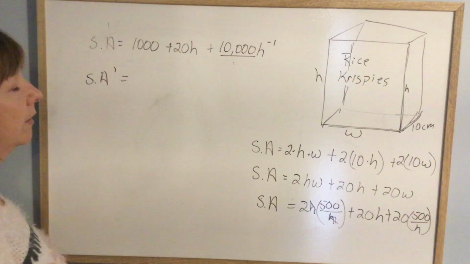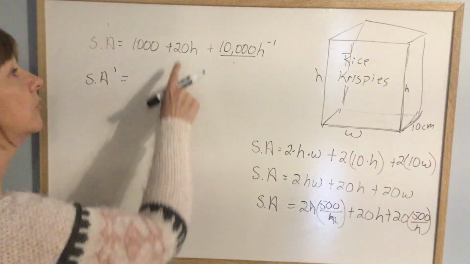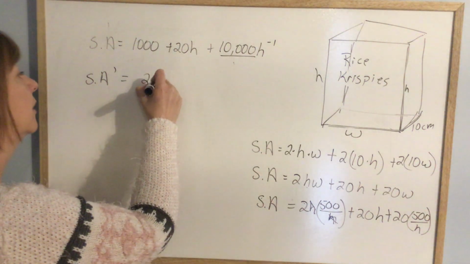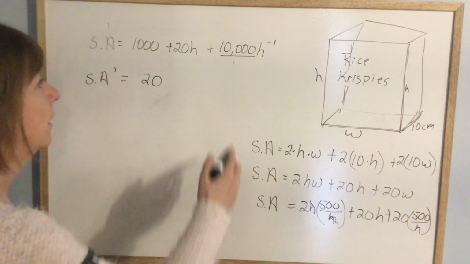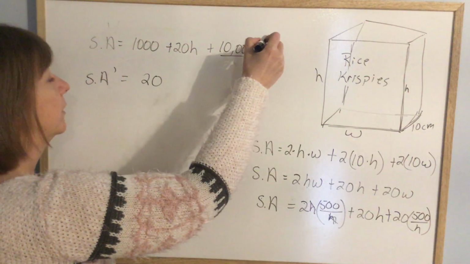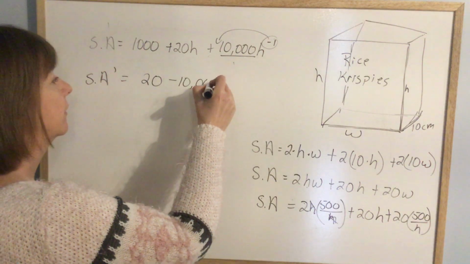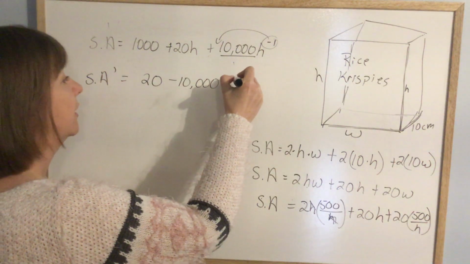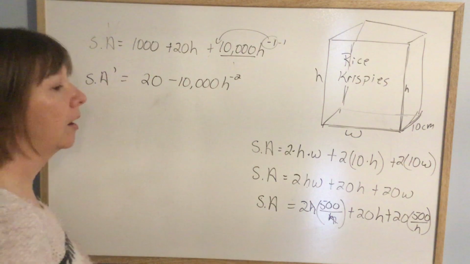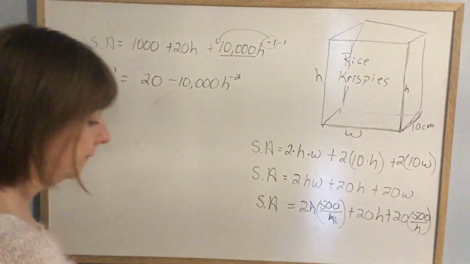The derivative of 1,000 is nothing. The derivative of 20H is 20. The derivative of this, I'm going to bring the negative 1 down, so I have negative 10,000 h to the negative 2, because remember I subtract 1.